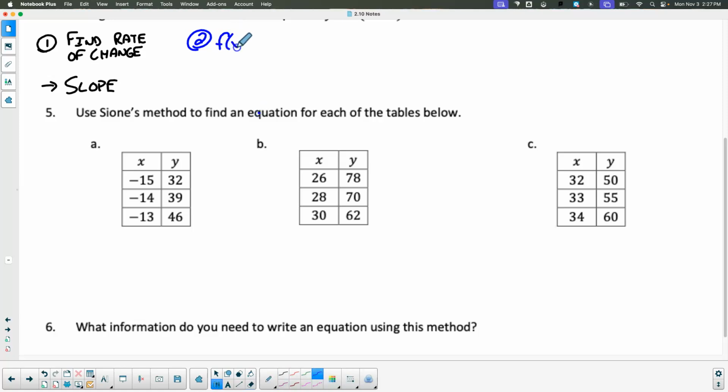We've been saying f of x is equal to the term value, plus the rate of change times x minus the term number. We've been doing that a lot. We started it in Unit 1, and we continued it in Unit 2.